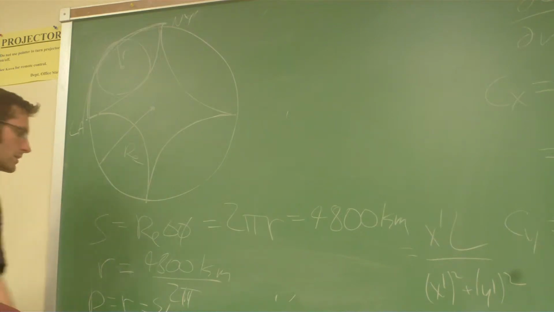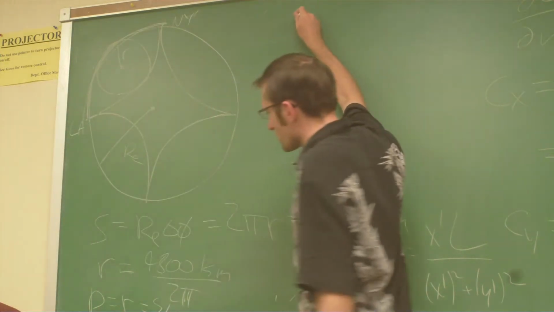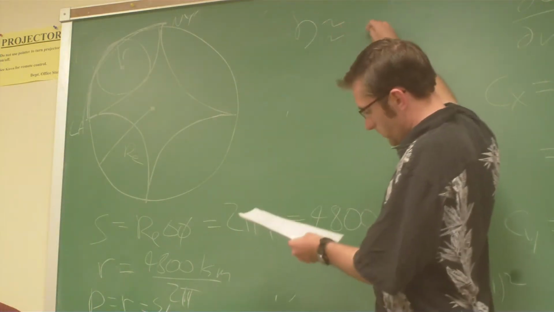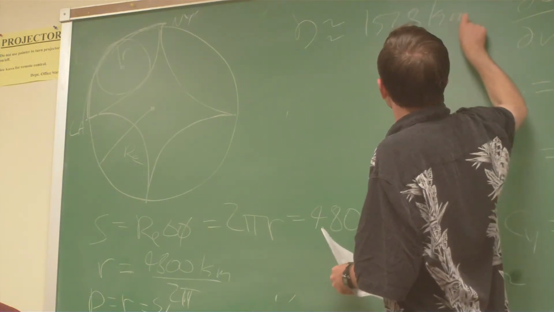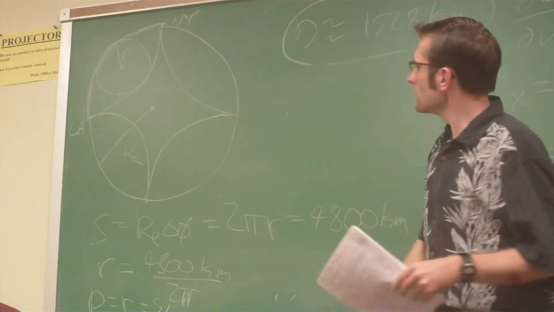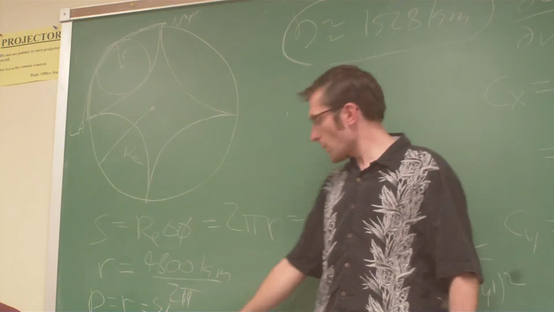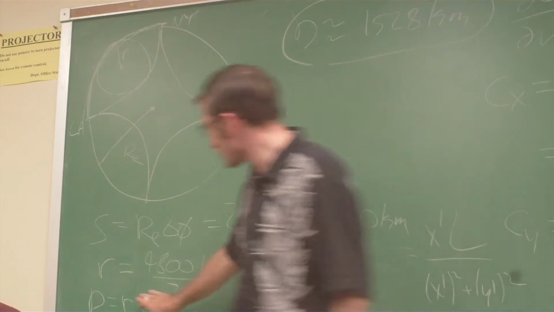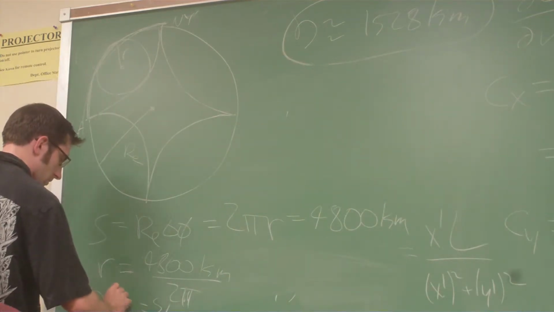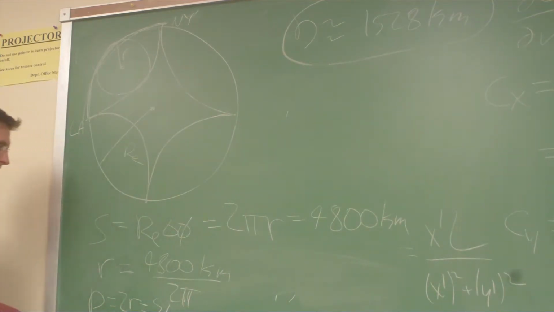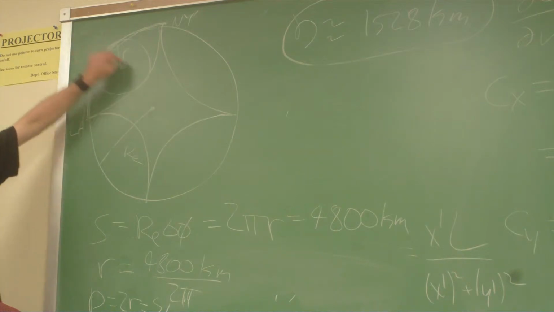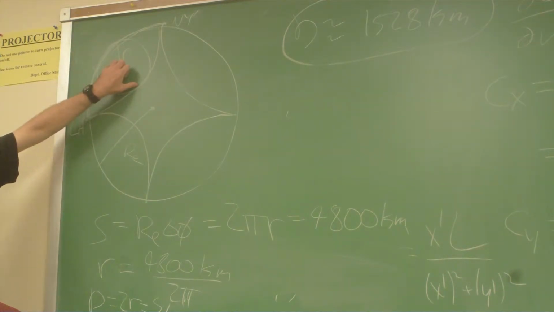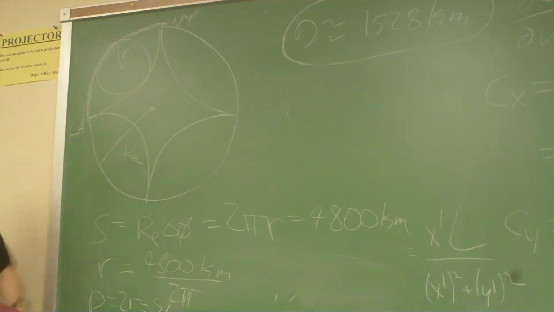So this depth is approximately 1528 kilometers. Wait, the depth is twice r, right? Yes, twice the radius, the diameter. Did I just forget to write the 2 here? Because r is equal to s over 2 pi, but the max depth is from here to here. And then you plug that r in there.